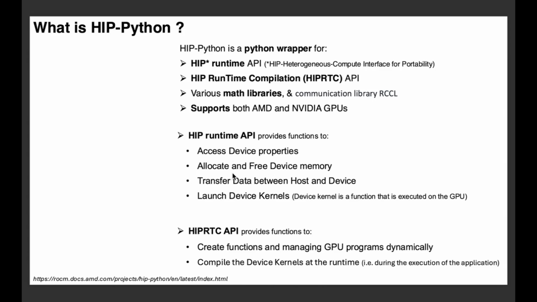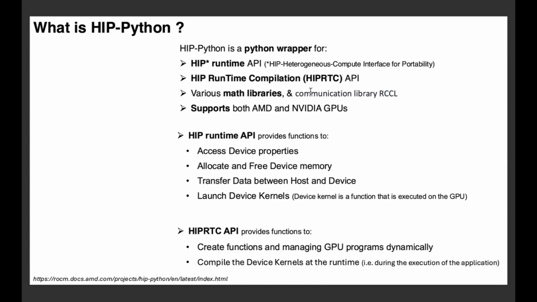HIP Python also is a Python wrapper for HIP runtime compilation, HIPRTC. This is basically what will enable you to compile GPU kernels at runtime, meaning during the execution of the application. And even more, with HIP Python you can run some math libraries that are optimized for AMD GPUs.